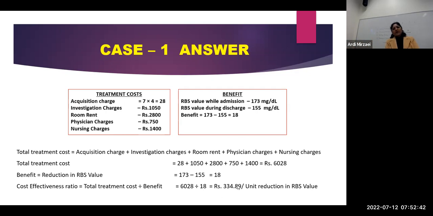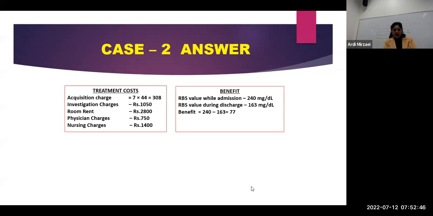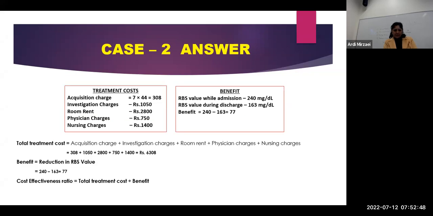See, this was costing you 334 rupees per unit reduction, whereas the second one is costing you 81 rupees, 81.92. So drug B is a cheaper option.